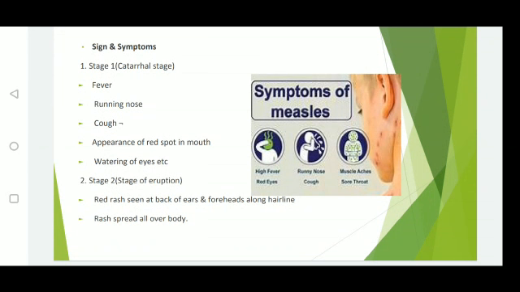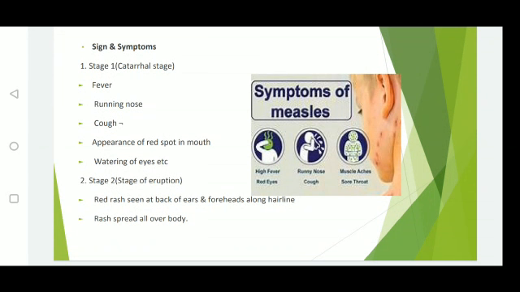We'll learn first what stage 1 consists of. In stage 1, the patient will have the clinical manifestations of fever, running nose, cough, appearance of red spots in the mouth, and watering of eyes.